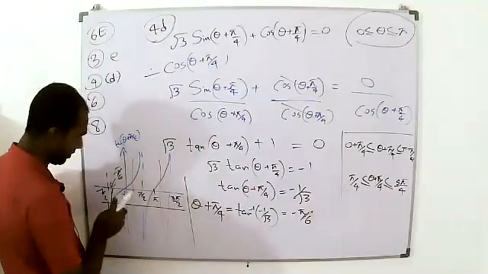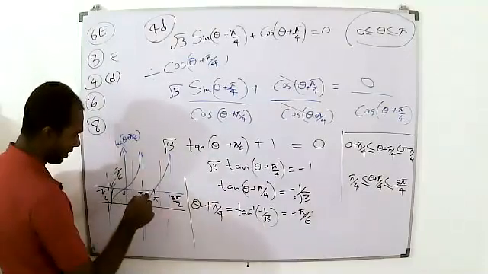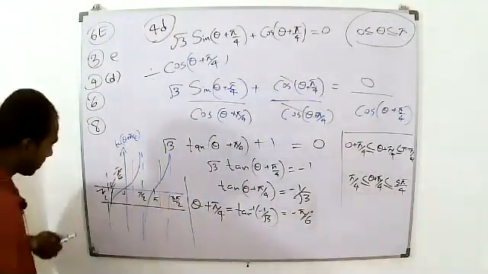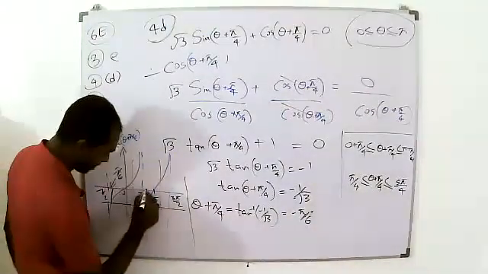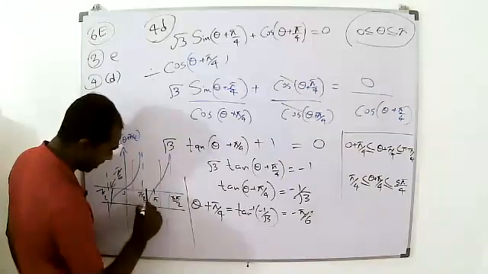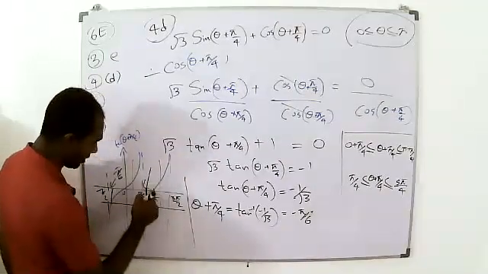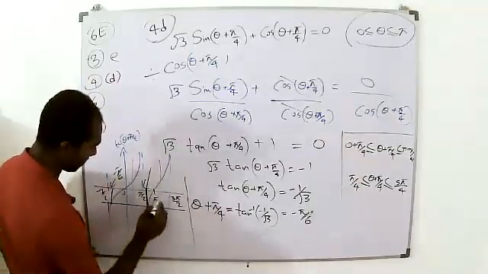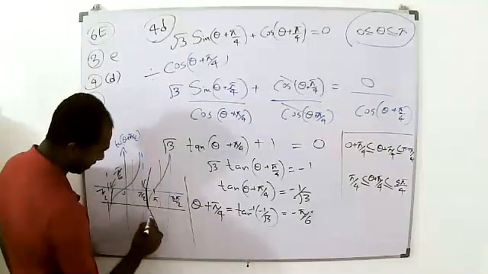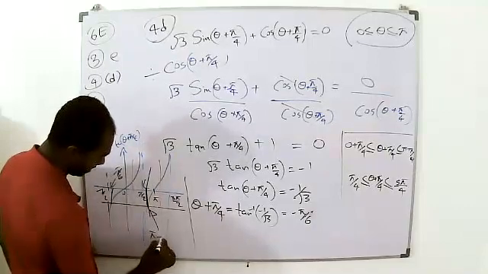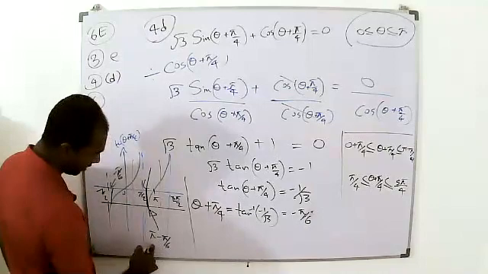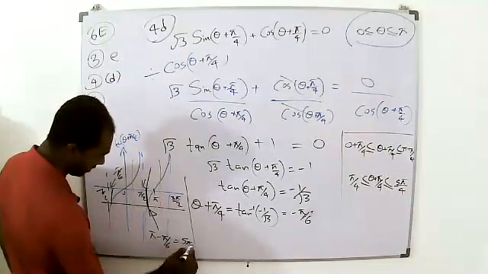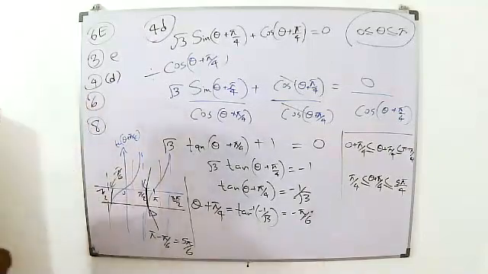You can clearly see with this relationship, it's only this part. Somewhere here will be the only answer. It will be similar to phi minus phi over 6. This value here will be equal to phi minus phi over 6. So it's going to be how much? If you take a common denominator, it's going to be 5 phi over 6.